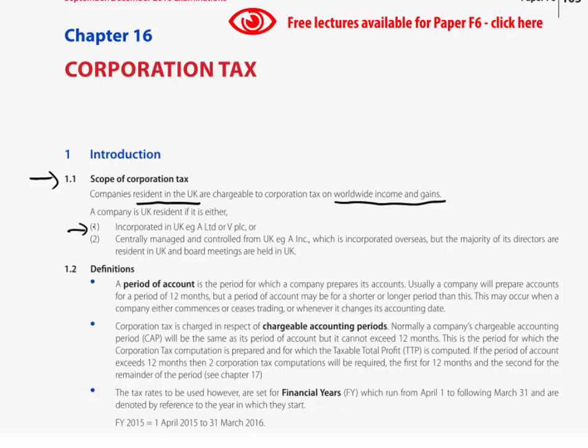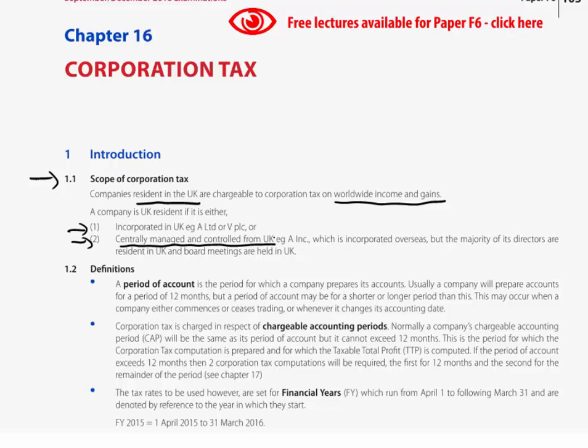That makes it UK resident, therefore all of its profits will be chargeable to UK corporate tax. But what you might have is a company that, although incorporated overseas, is still classified as UK resident based on this second criteria, and that is that it is centrally managed and controlled from the UK.